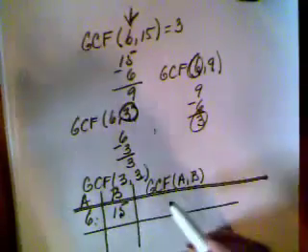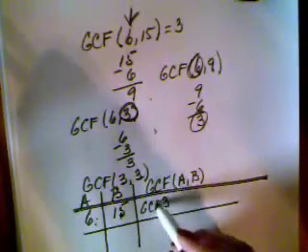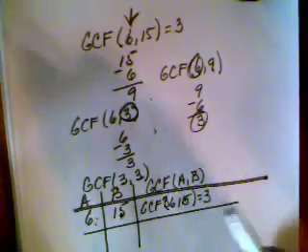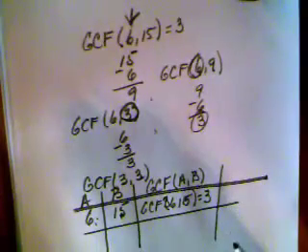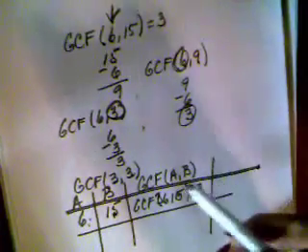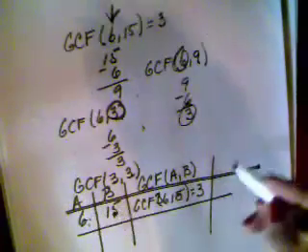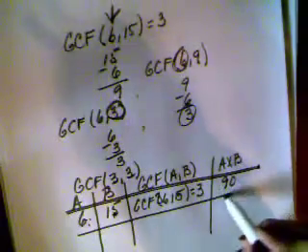And we found that the greatest common factor for 6 and 15 is 3. If I multiply 6 times 15, I'm going to get 90.